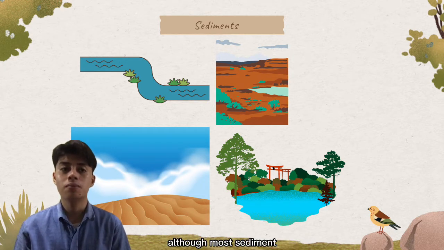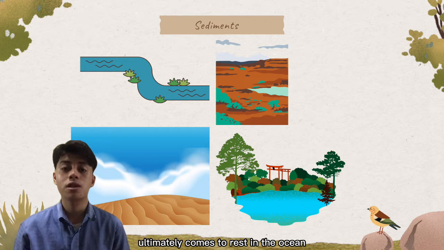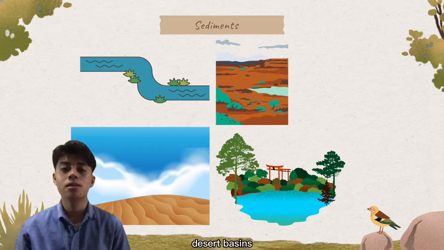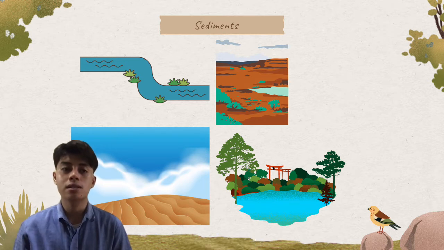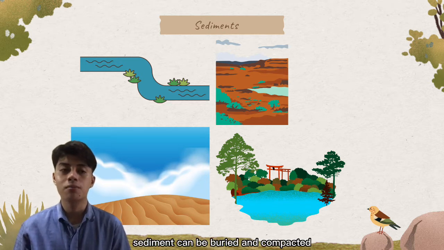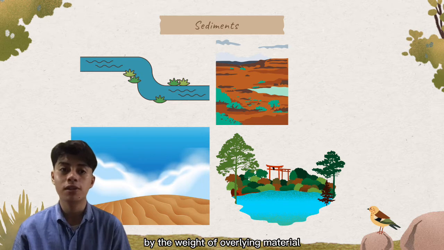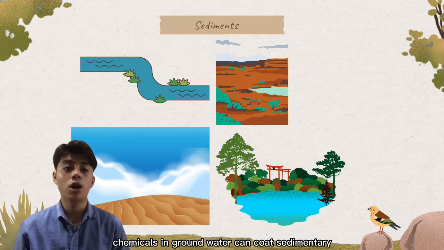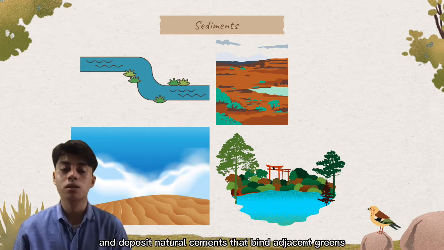Although most sediment ultimately comes to rest in the ocean, other sites of deposition include river floodplains, desert basins, lakes, inland seas, and sand dunes. Once deposited, sediment can be buried and compacted by the weight of overlying material. Chemicals in groundwater can coat sedimentary grains with minerals and deposit natural cements that bind adjacent grains.